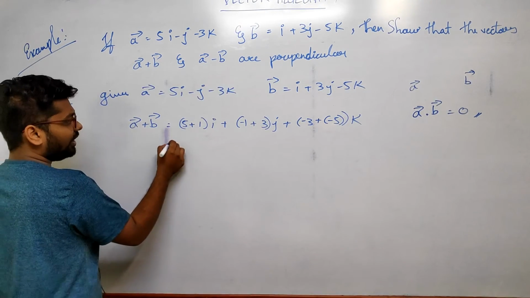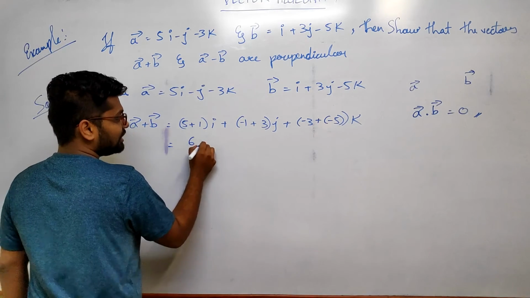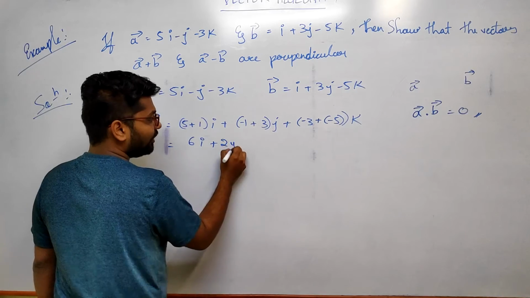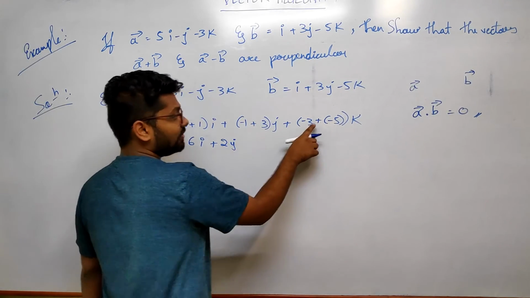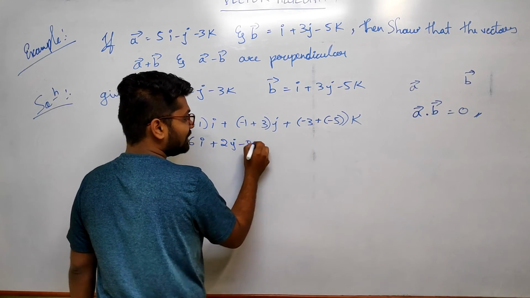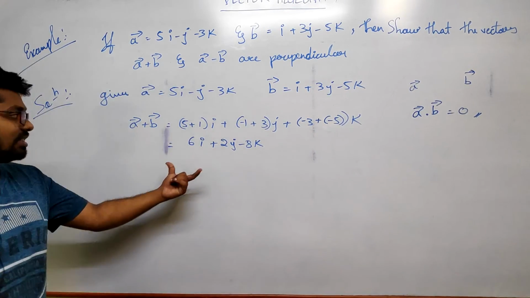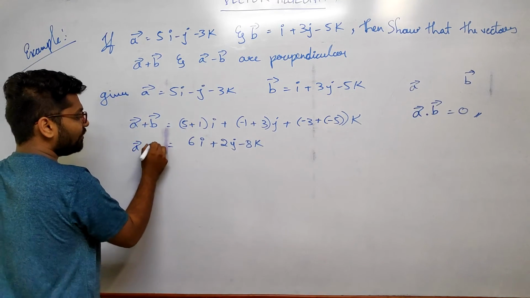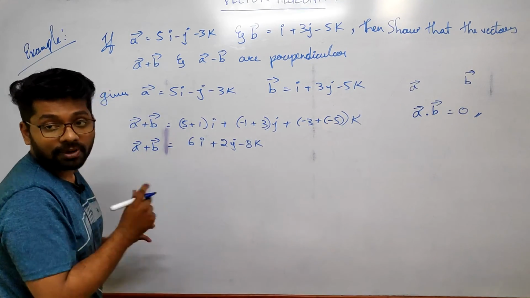Okay, just go on adding. What will you get? 5 plus 1 is 6i, plus 2j, plus again this will be plus into minus, which is minus 8, so minus 8k. So this is nothing but the value of the addition. We will keep it as it is, a bar plus b bar.